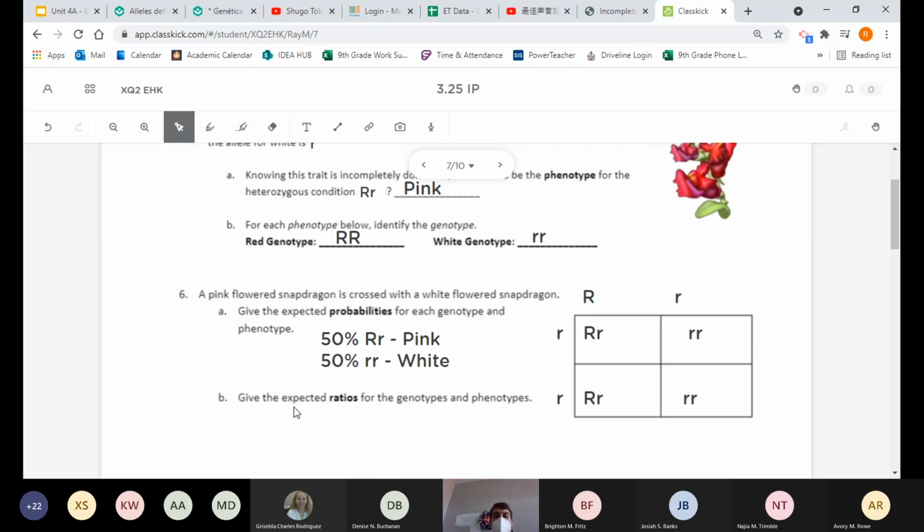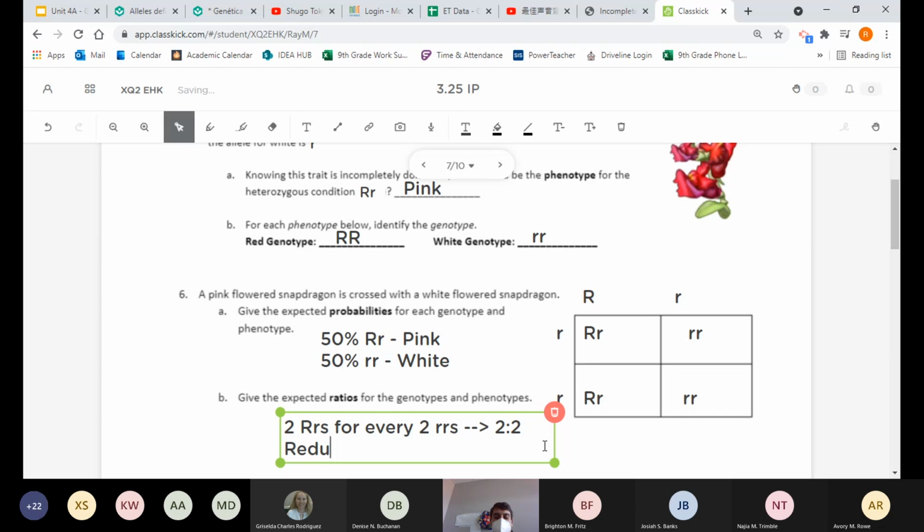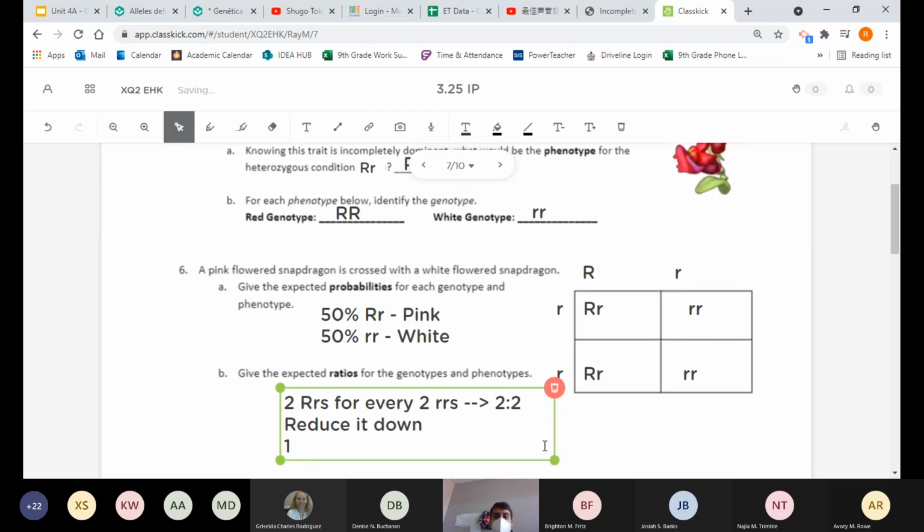So if you're counting, there are two big R little r's for every two little r's. So the way of saying that would be 2 to 2. But this can be reduced down. So for every one pink, you have one white.